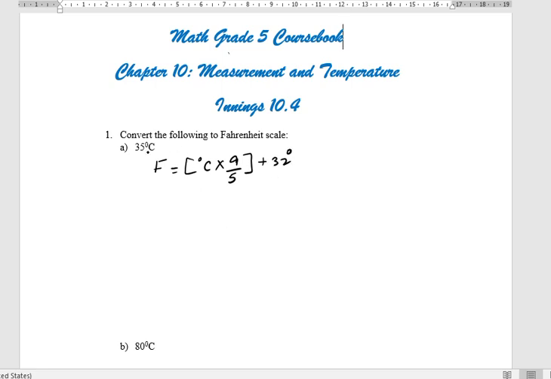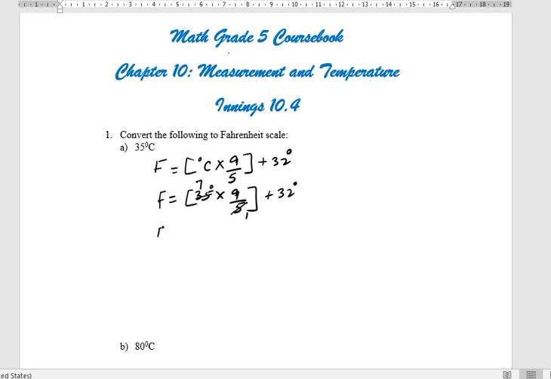So we have Celsius given as 35 degrees. We have to simply write the value of C in the formula and we will calculate the value of F. So it is 35 into 9 upon 5, and we have to write plus 32 degrees. Now 5 ones are 5, 5 sevens are 35.